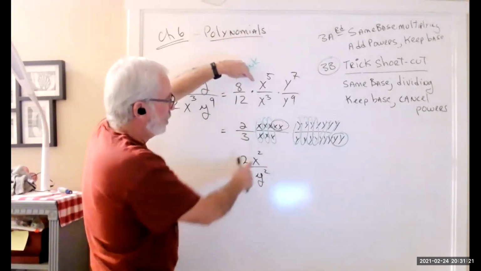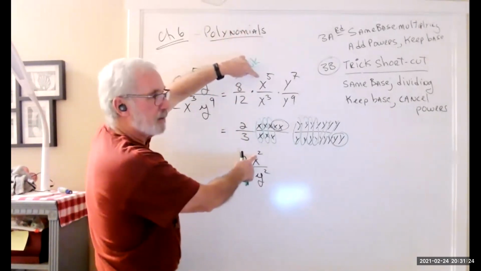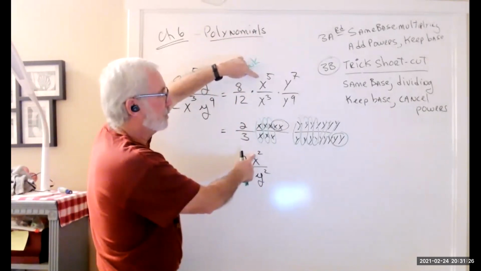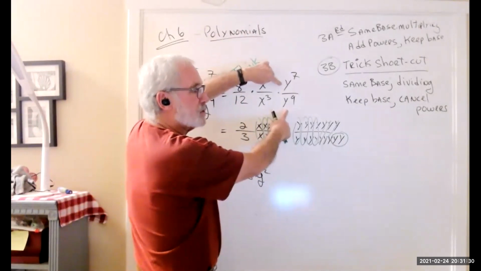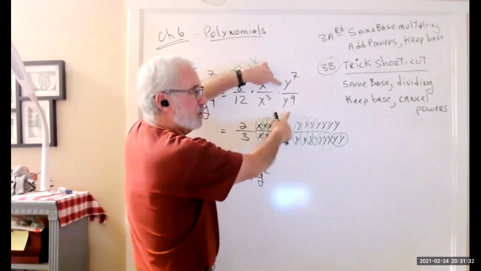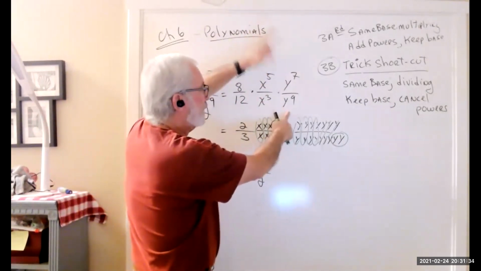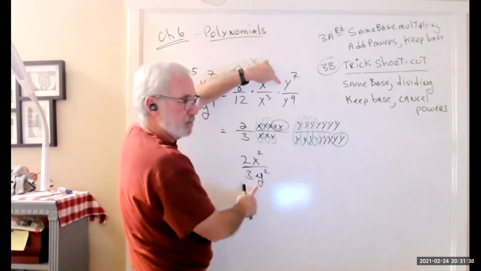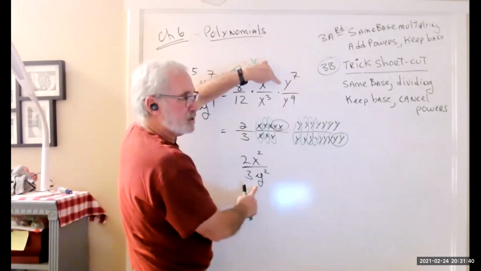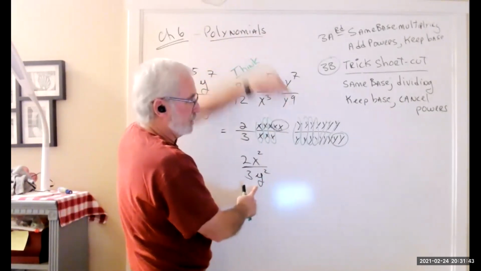After they cancel, there's more x's on top, 2 on top. Look at the y values. There's more y's on the bottom, so after they do all their canceling, there's still going to be more y's on the bottom. We just cancel out all the extra stuff. That's all that says.